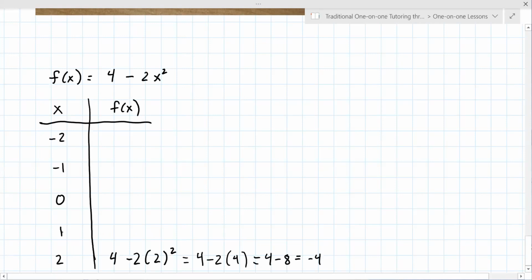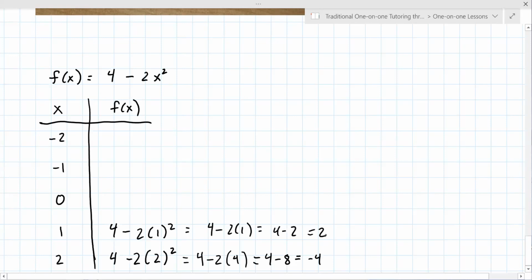All right. 1. 4 minus 2 parentheses 1 squared, and then equals 4 minus 2 parentheses 1 equals 4 minus 2 equals 2.